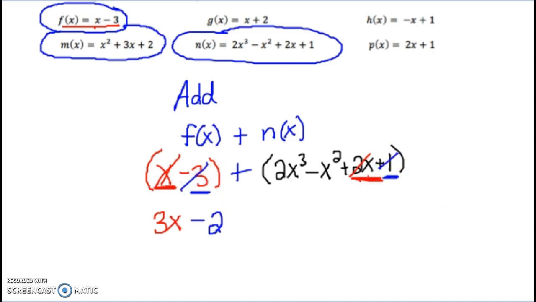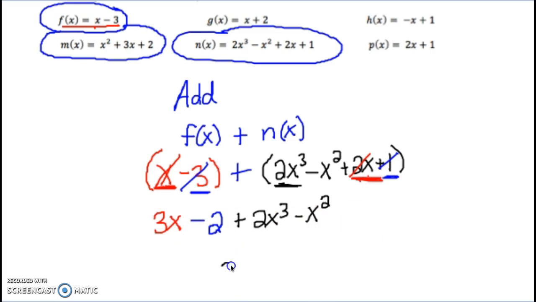Then I really don't have anything to combine with this 2x to the third. It's a plus, so it's a 2x to the third, but I don't have anything to combine with it. I cannot combine my x to the third with the x squared or anything else, so those aren't going to change. There are plenty of us who are OCD for whom this is driving them crazy, because these are not in order.